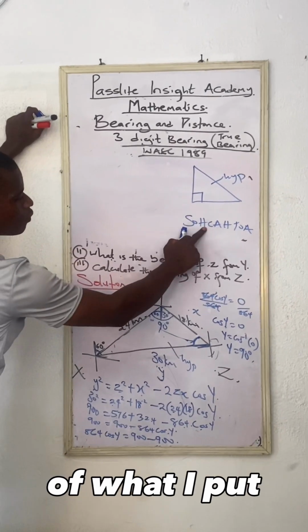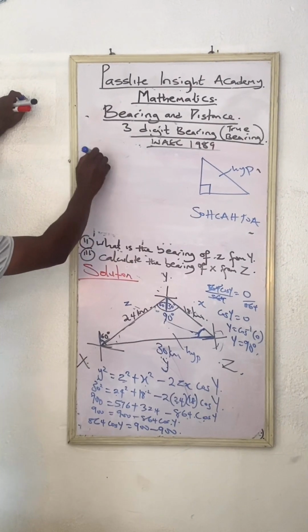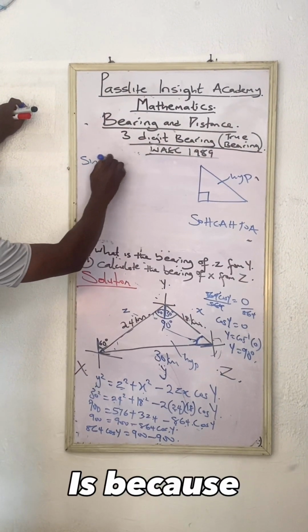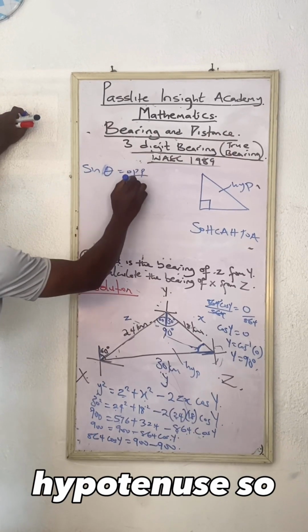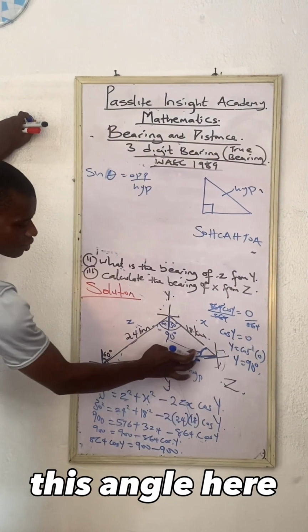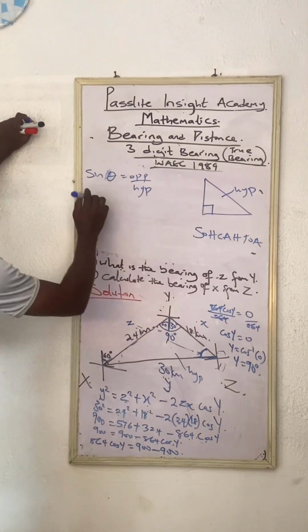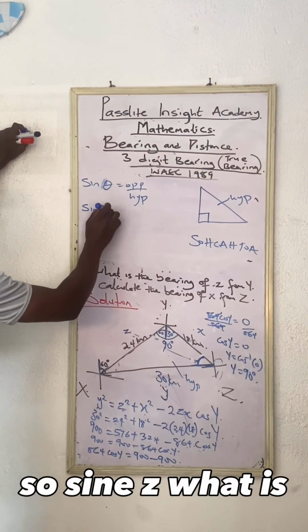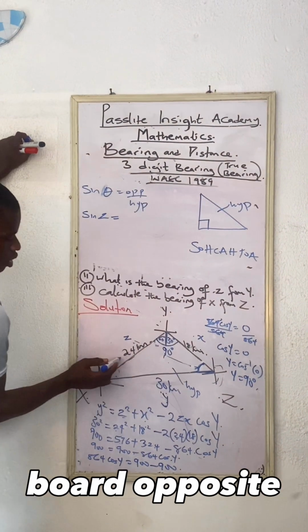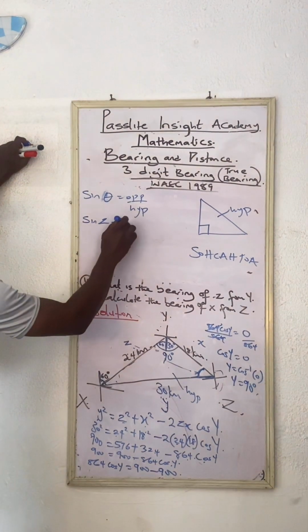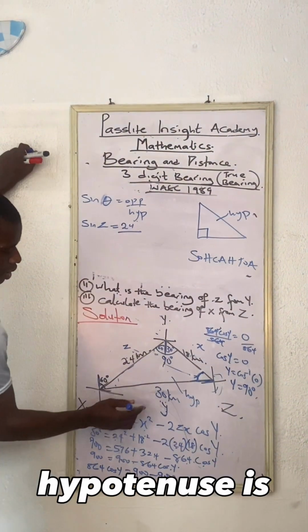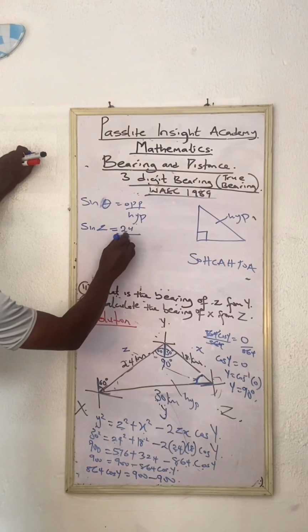Sine is opposite over hypotenuse. So sine theta equals opposite over hypotenuse. I'm looking for this angle here, angle Z. So sine Z. What is opposite on the board? Opposite here is 24. Then the hypotenuse, the longest side, is 30.